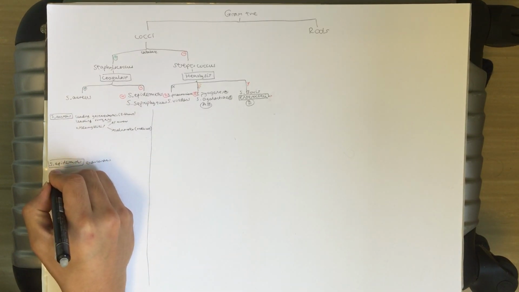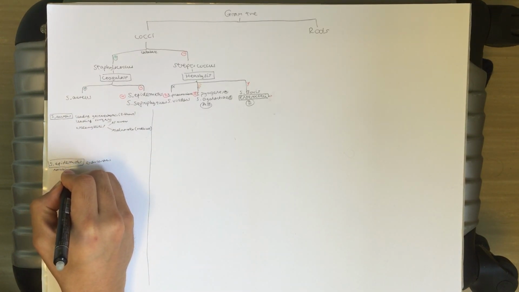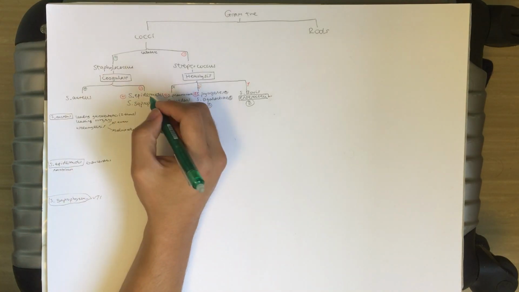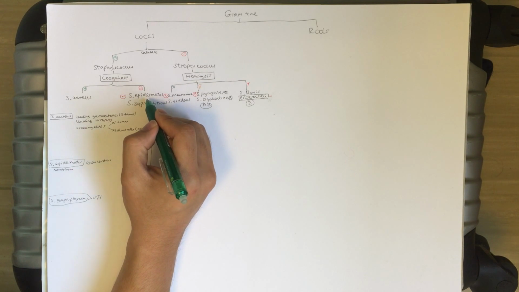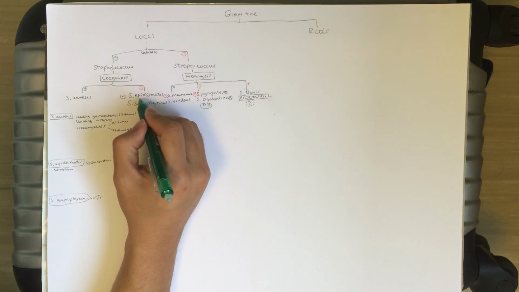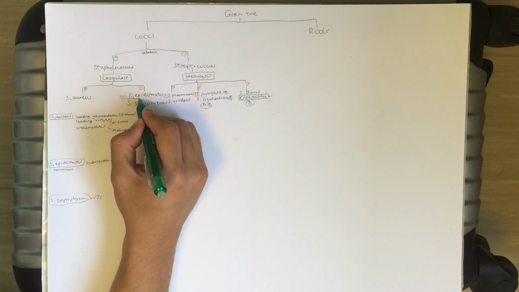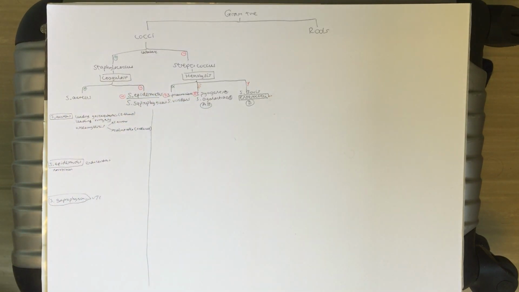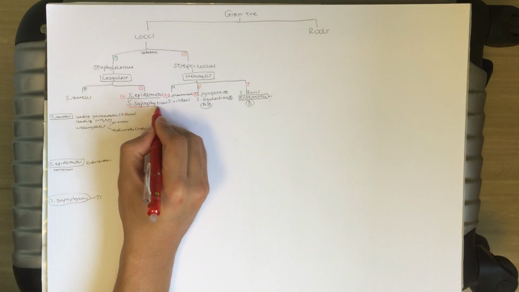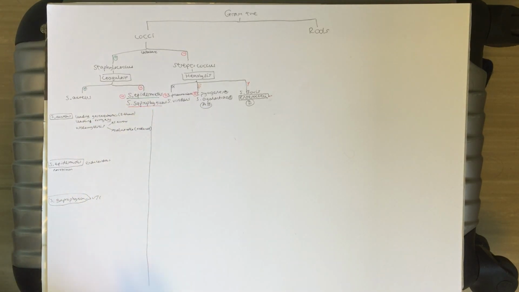Novobiocin, so I'm just going to write that down here. Epidermidis is sensitive to it, so it will kill epidermidis. But if you use novobiocin for saprophyticus, for instance, it will be resistant.